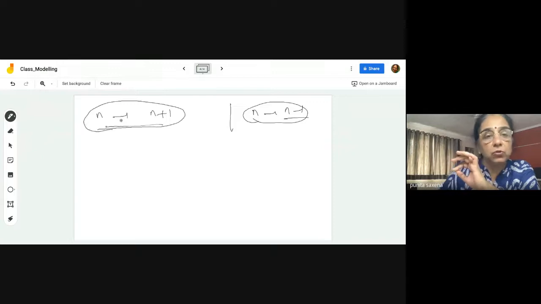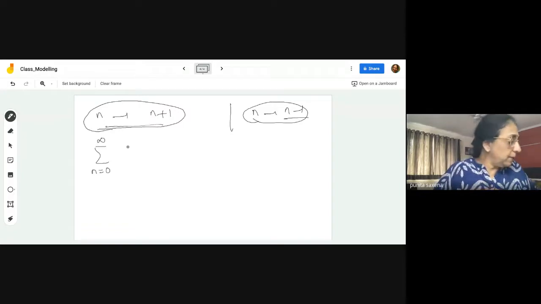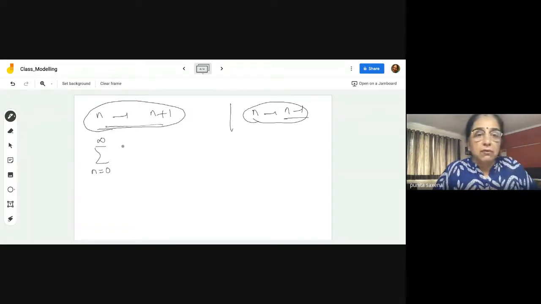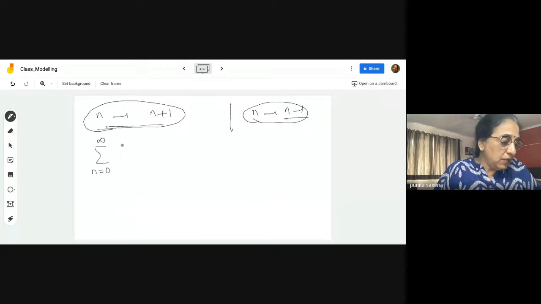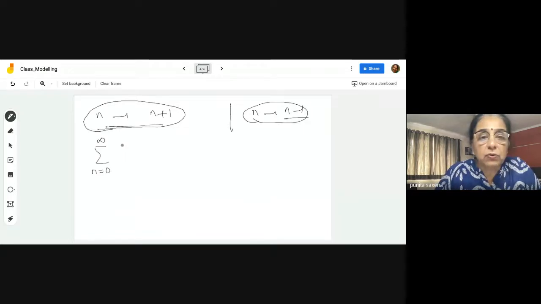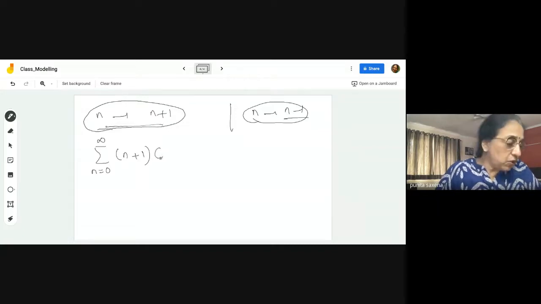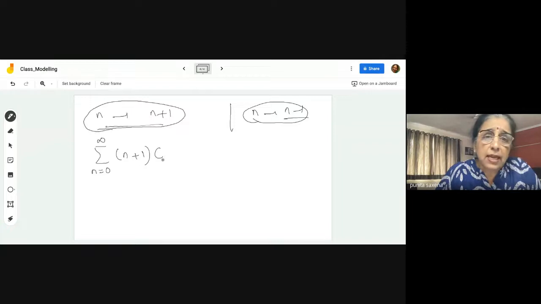The moment we do this, my first summation now becomes n varying from 0 to infinity. The first term was n, so instead of n it will now be n plus 1, because I have changed n to n plus 1. The second term was Cn, so it becomes C(n+1).